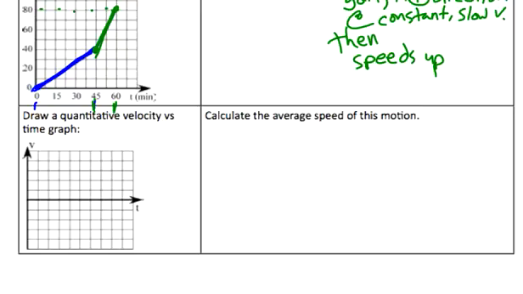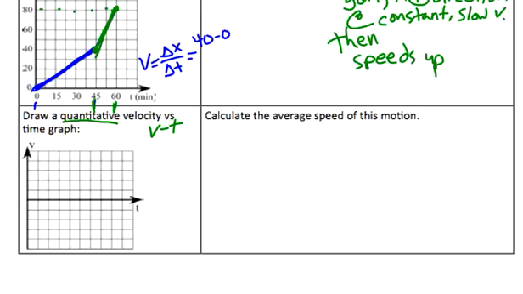Draw the quantitative velocity versus time graph. So this is a VT graph. Now I need to make this quantitative with numbers. So let's go ahead and calculate the velocity of each segment. Velocity is change in x over the change in t. The final position is 40 kilometers.